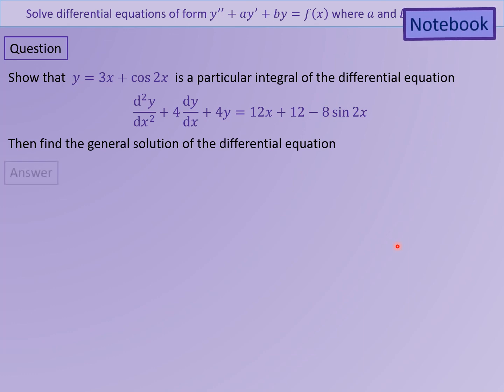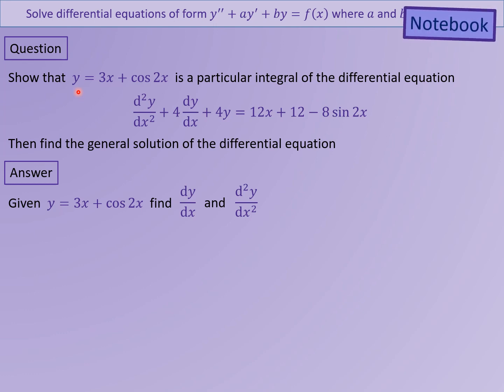Okay, so what we're going to do is check the particular integral first of all. We're going to start with this bit. So check this is a particular integral of that differential equation. It's highly unlikely that the general solution of this is going to be of the same form, so it's okay to check this bit straight away.